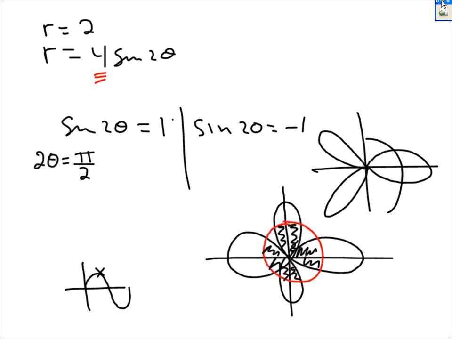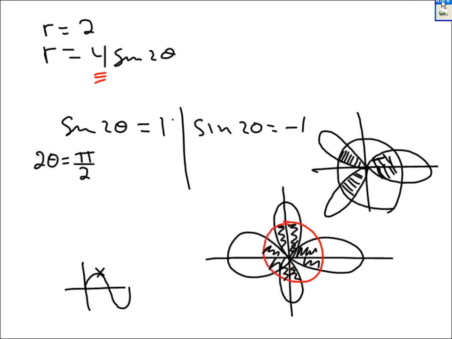And here's 2. Turns out that this area is going to be the same as this area, which is going to be the same as that area. Okay, so I need to know how many of these petals we're going to have, and I just want to find one of the intersections.